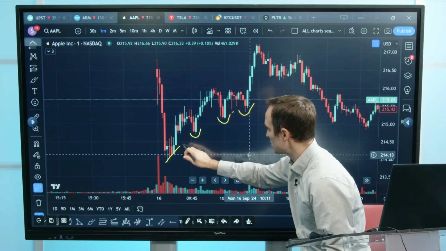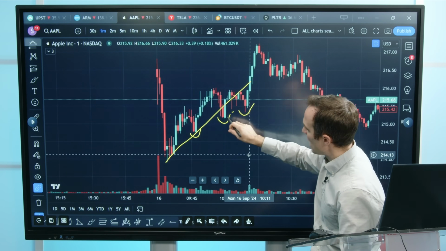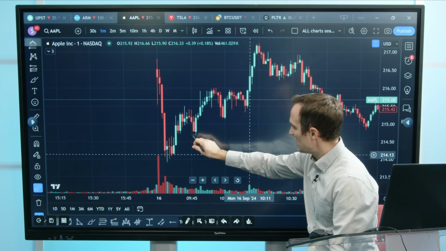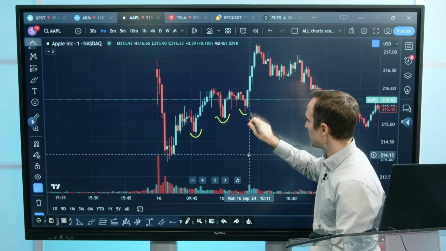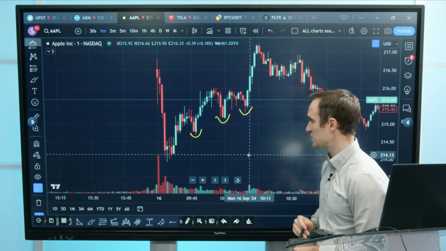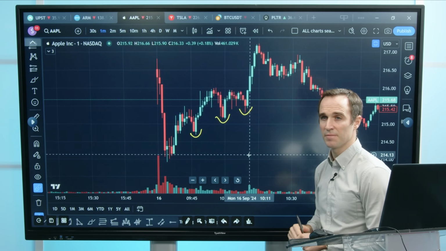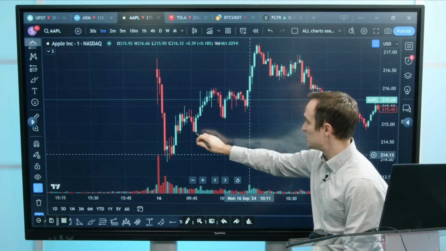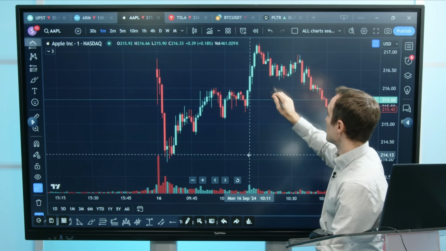You can see if you were to draw a trend line here, you would have been stopped out right here. But had you waited for these higher lows to develop, all right, and some of this is hindsight, some of this is practice, some of this is understanding how the stock is moving. But had you used this technique, you really would have maximized your gains.